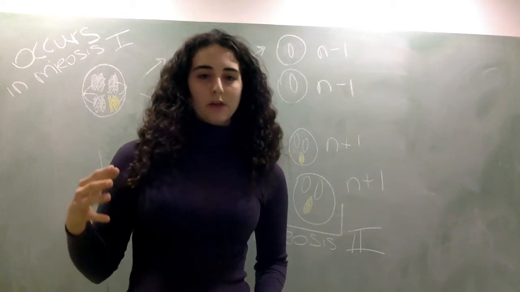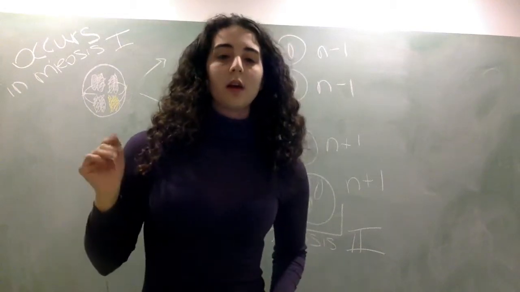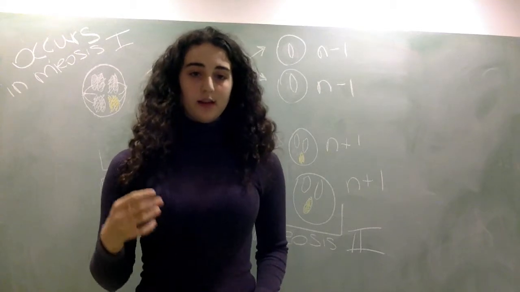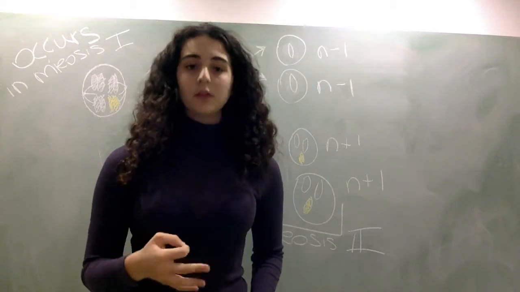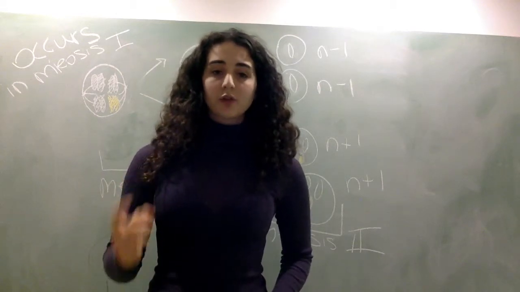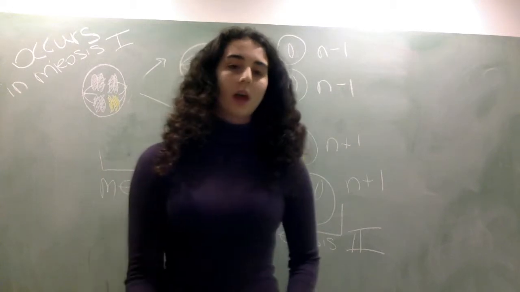The small ones are abbreviated as P and the larger ones Q. From here, each arm is further categorized and given a number. This system allows scientists to describe certain chromosomal locations quite easily.